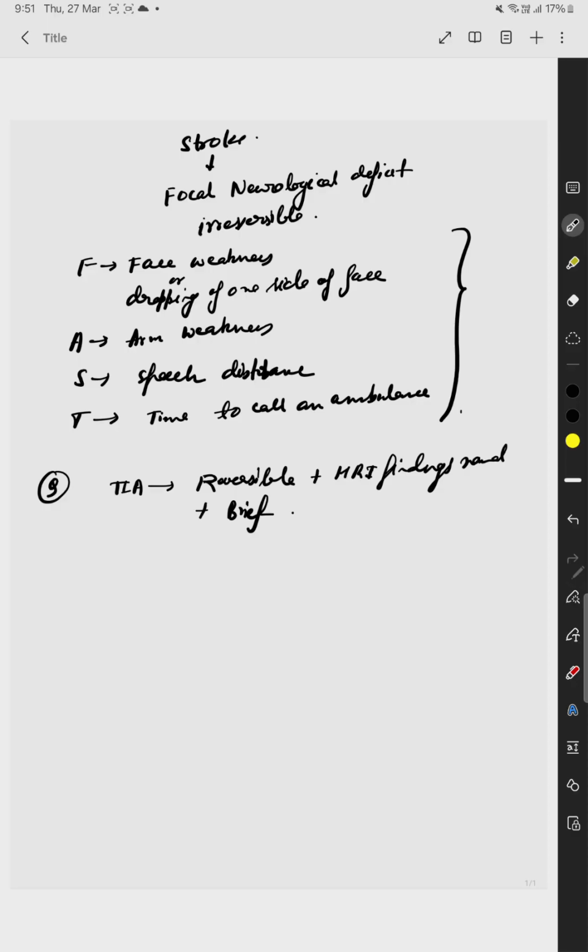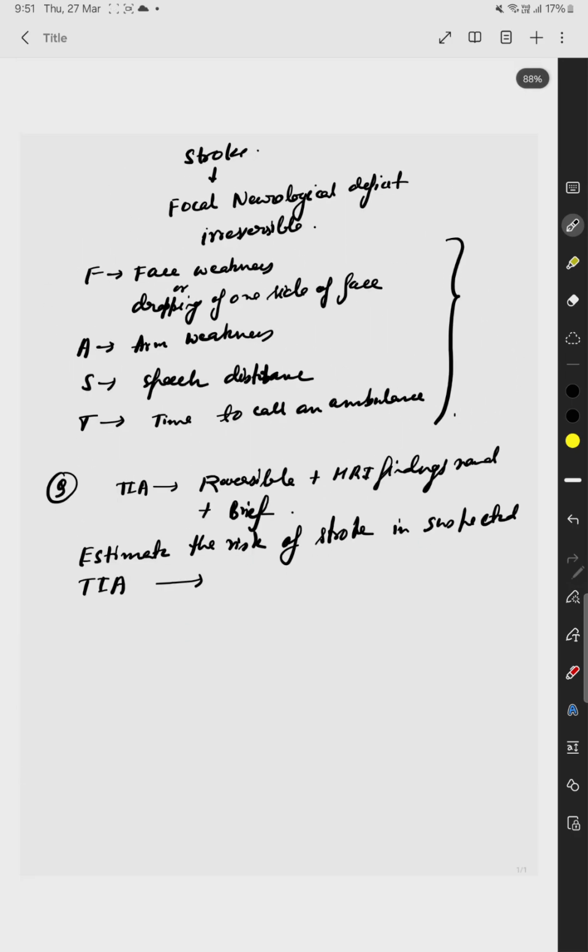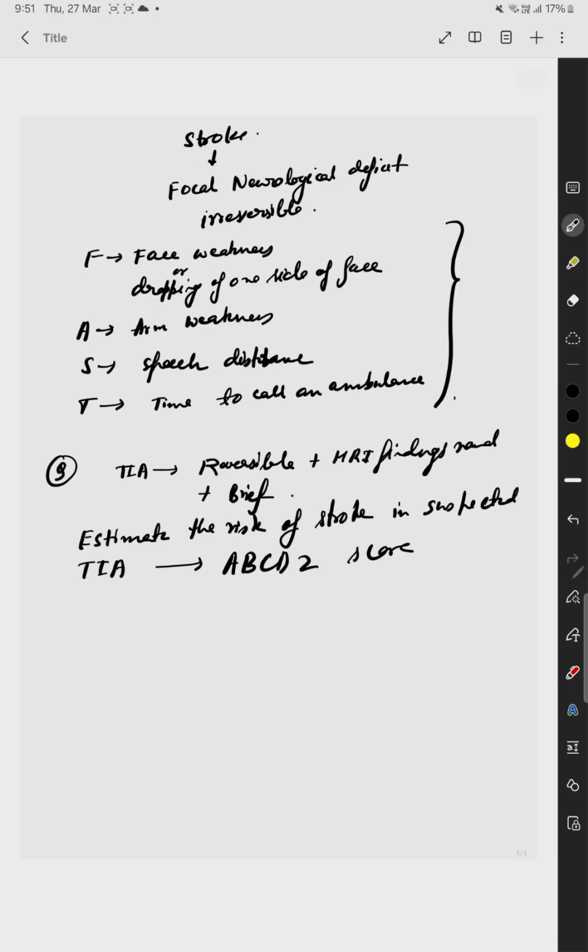So what they ask in the question is: what is the score that estimates the risk of stroke in suspected TIA? That score is the ABCD2 score.